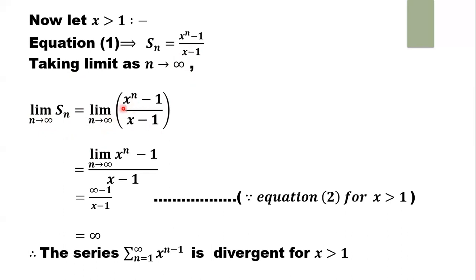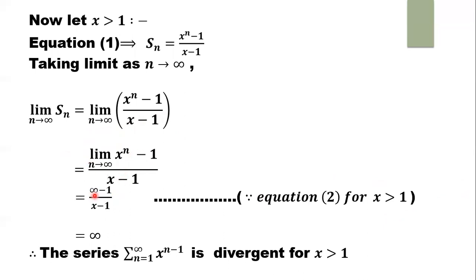Now, we will apply the limit to each term. Limit n tends to infinity x raised to n minus the limit of 1, which is 1. The limit of x is again x, because the limit is as n tends to infinity. Therefore, here we get (x raised to n minus 1) upon (x minus 1). Now, from equation 2, we know that for x greater than 1, the limit n tends to infinity x raised to n is equal to infinity.